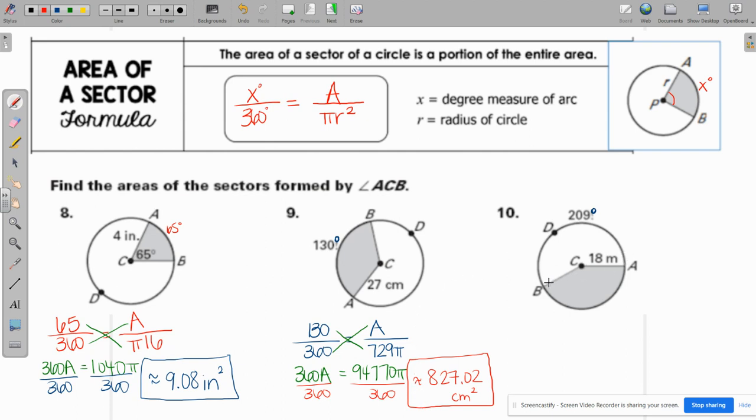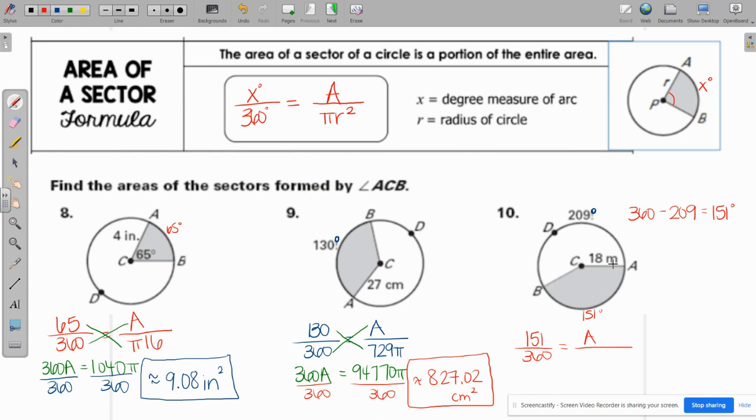Let's do one more. If I want the area of this sector, I need to find the measure of arc AB. Since arc BDA has a measure of 209 degrees, we can take 360 and subtract 209, which gives us a measure of 151 degrees. So arc AB has a measure of 151 degrees. That's the part over the whole, and that's set equal to the area of the sector over the area of the entire circle.